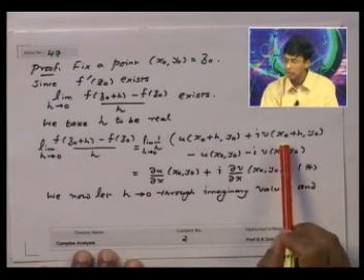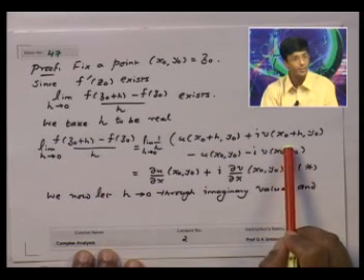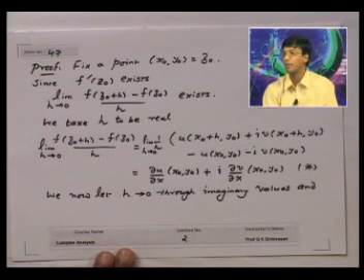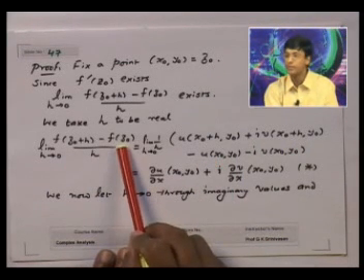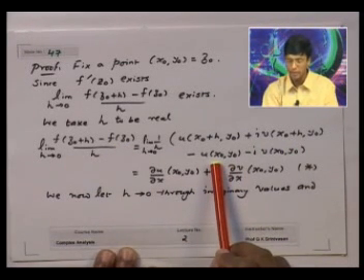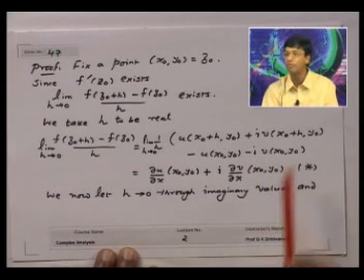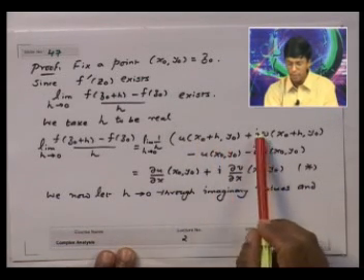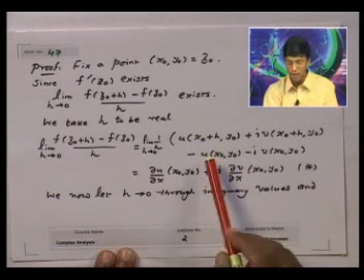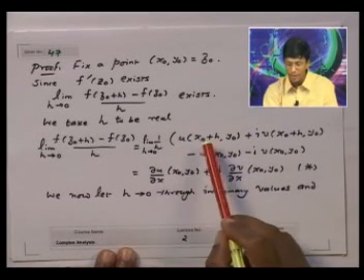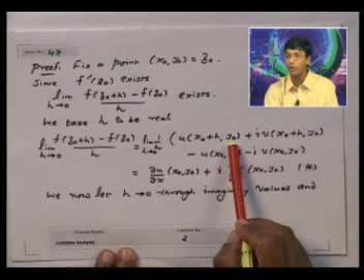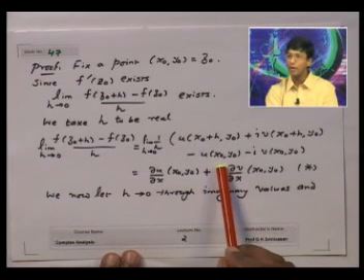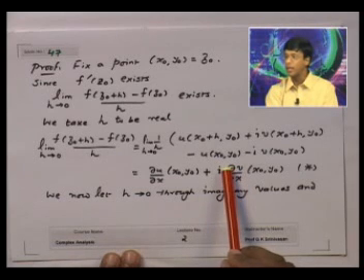All right. Likewise, here we have v of x naught plus h comma y naught. So u plus iv minus f of z naught, which is u of x naught, y naught plus i v of x naught, y naught, correct? Now, separate the real and imaginary parts. It is u of x naught plus h comma y naught minus u of x naught comma y naught, divided by h.